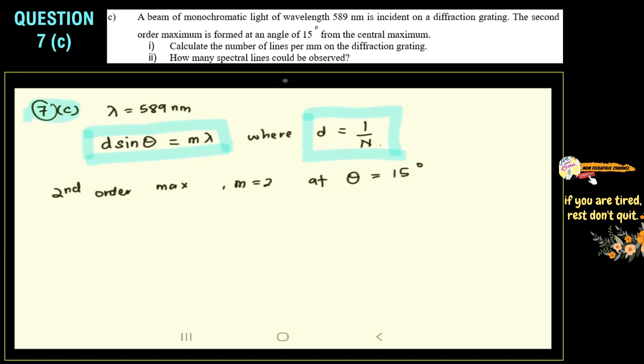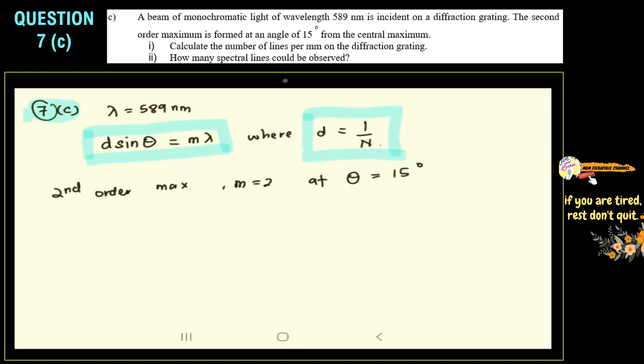So when the angle is 15 degree, we can observe the second order maximum on the screen. Now we want to calculate the number of lines per millimeter. Once again, the number of lines per millimeter. If you give the answer as the number of lines per meter, it is wrong, because the question asks for the number of lines per millimeter on the diffraction grating.